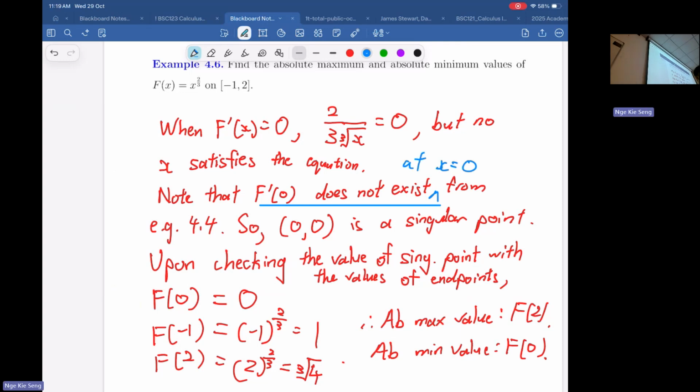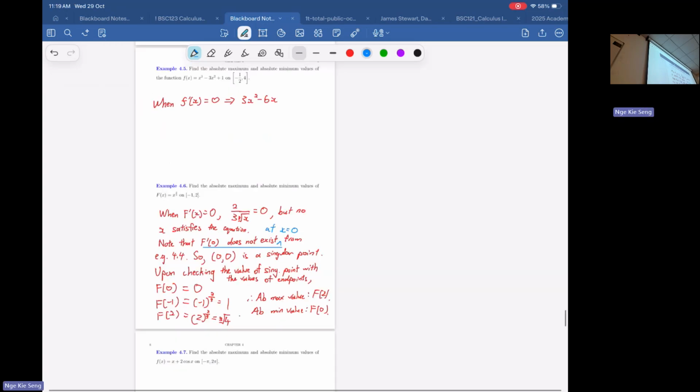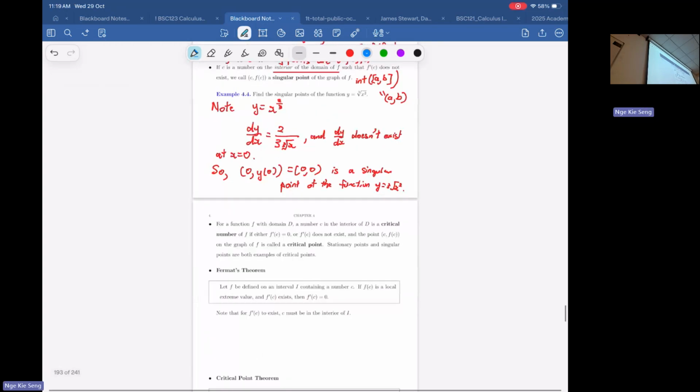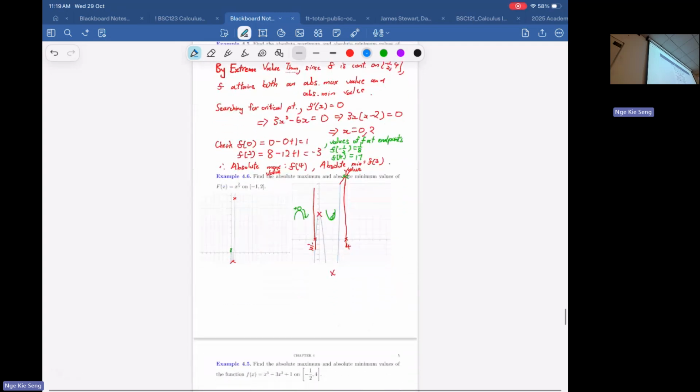That's it. Any function is a singular point at (0,0)? No, right? Wait, let me see. The singular point includes the whole point. Yeah, correct. Okay. So what do you mean?